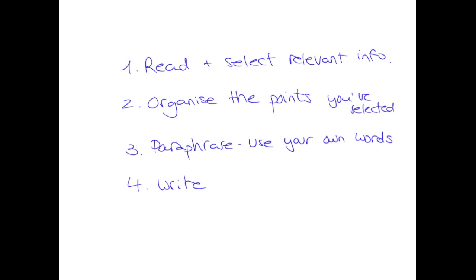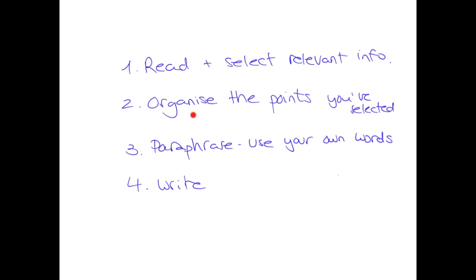First of all, obviously, read the source text, read the text that you're going to be given, and select the most important information, the relevant information. Not just relevant in general, but relevant and interesting for the person you're mediating the text for.